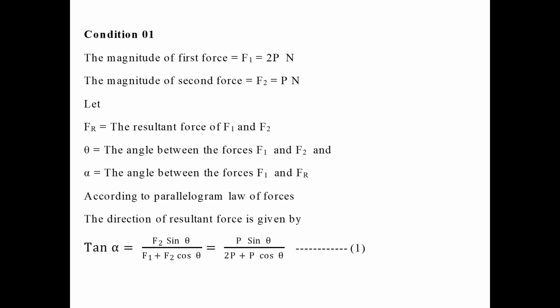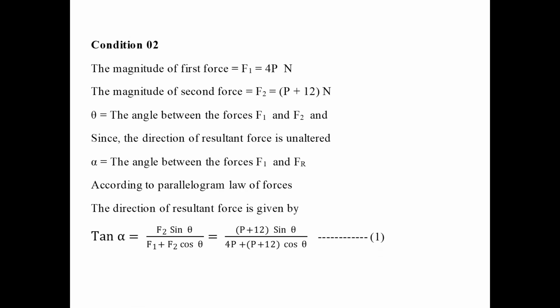Therefore, tan alpha is equal to p sin theta divided by 2p plus p cos theta. This is the parallelogram law equation, that is the direction of the resultant force. Tan alpha is equal to p sin theta divided by 2p plus p cos theta, equation 1.